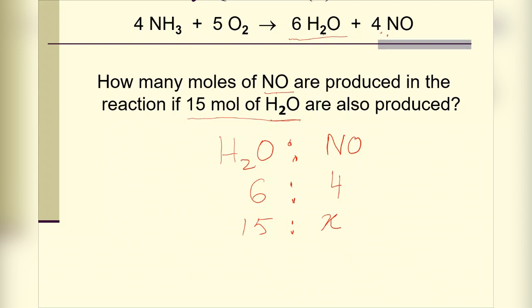Cross multiply. 6X is equal to 15 times 4. Both sides divide by 6. Cancel. Now let me solve over here.